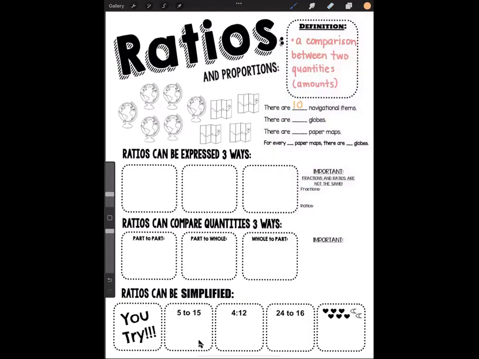Out of those 10 navigational items, 6 of them are globes and 4 of them are paper maps. So if we're comparing those two quantities, 6 globes and 4 paper maps, that's a ratio. For every 4 paper maps, there are 6 globes.